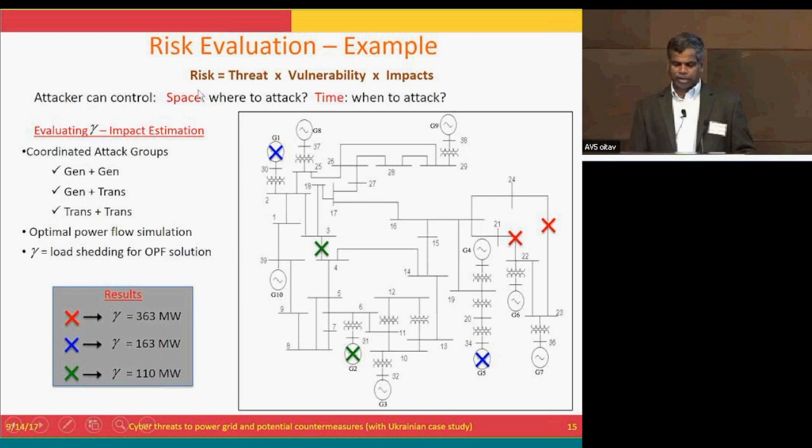One thing, as I mentioned, is why N-1 or N-K contingency analysis won't work: when it comes to a cyber attack, the attacker has control over space, where to attack. Also which unit, whether generator or transmission line, or how many such units they are planning to attack, they have control. Same way, they also have control on when to attack, whether to attack those 2 generators at the same time or one after the other or staggered in time.